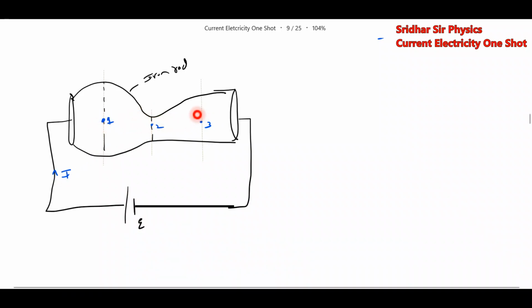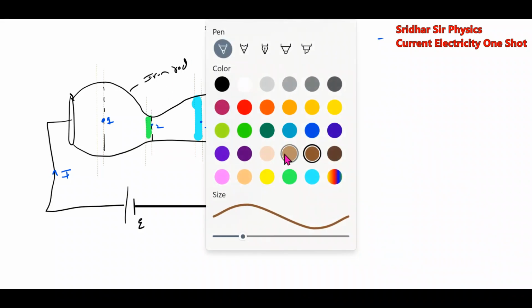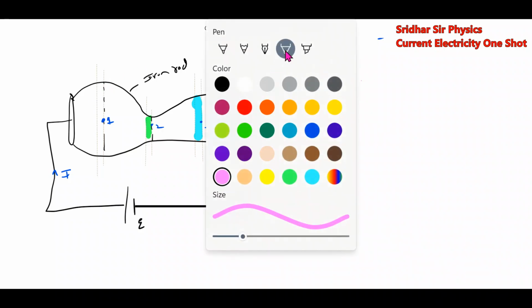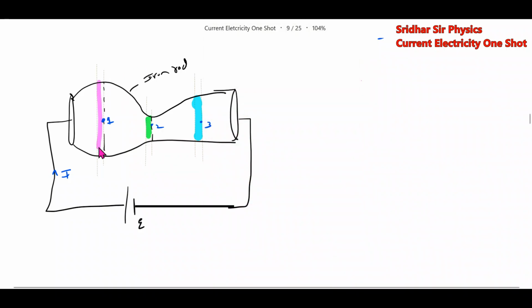The same current, because they are in parallel, so the current flowing will be the same. Let me assume the structure like this. You can see clearly. Here I'm assuming one element. We are assuming elements like this.